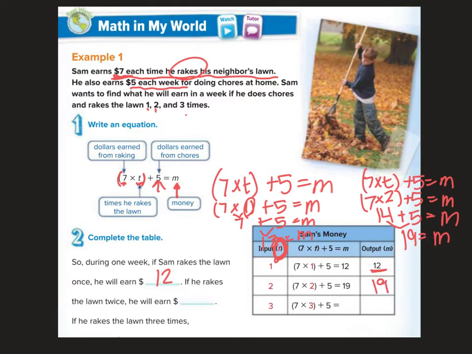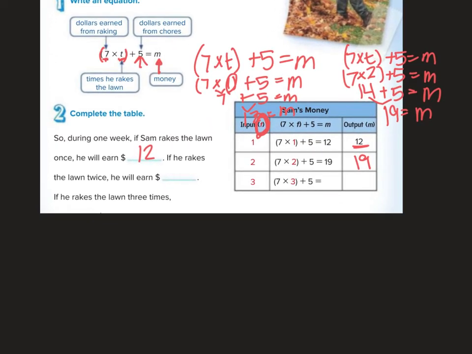Lastly, let's write our equation down one more time. I know it's annoying, but please, you need to do it. 7 times t plus 5 equals m. Instead of it being t, I'm going to replace that with a 3. Plus 5 equals m.